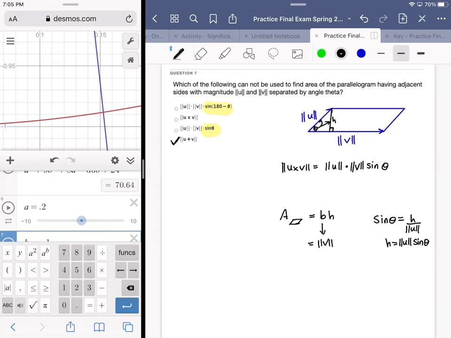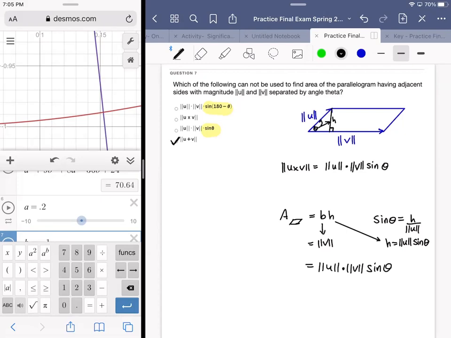So that allows me to make a substitution, which in turn allows me to come up with the area of a parallelogram formula, which would be the magnitude of u times the magnitude of v multiplied by the sine of theta, the sine of the angle separating the two vectors.